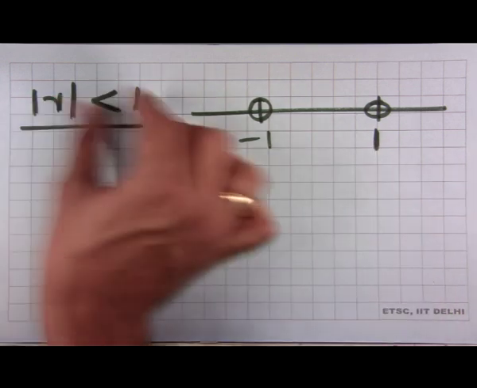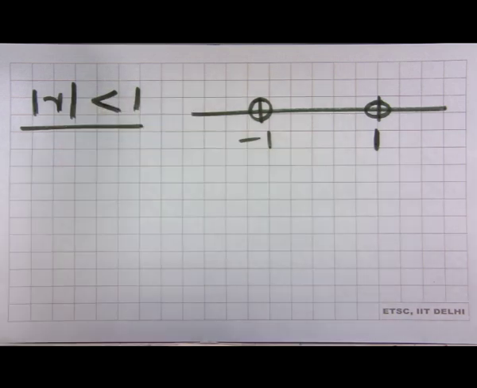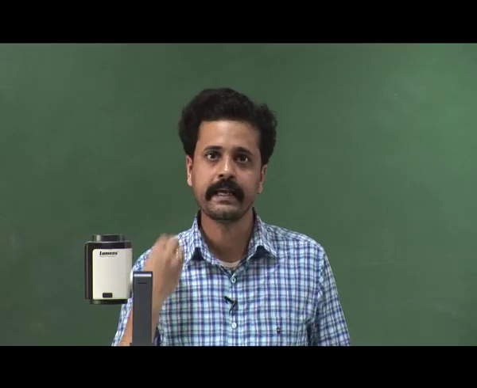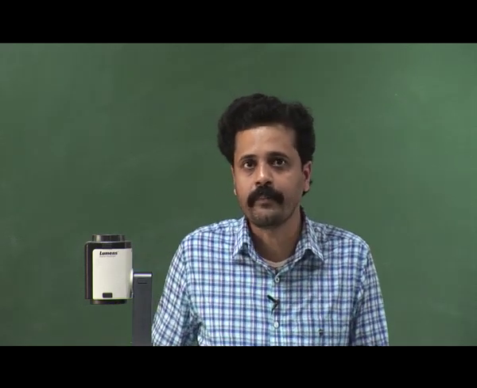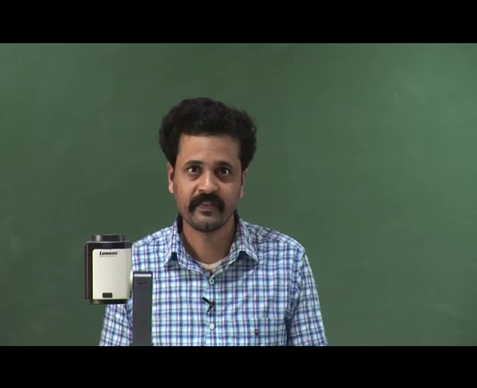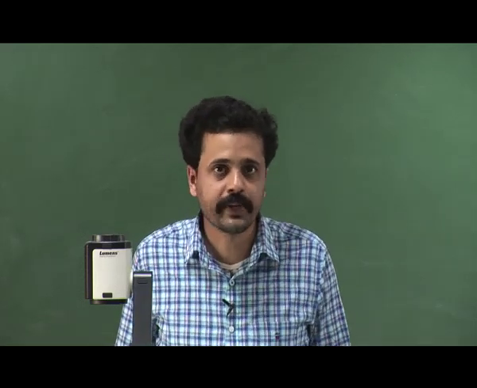When mod r is less than 1, of course, r can take both positive and negative values, but then since it is less than 1 in magnitude, it will be of the form 1 by m, where m is fixed. Do you agree?